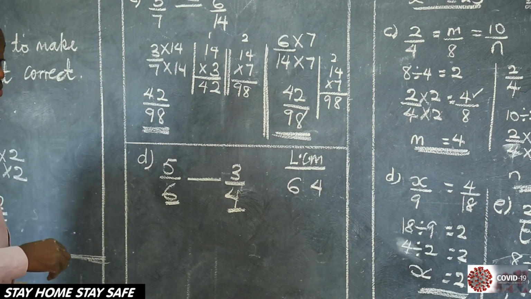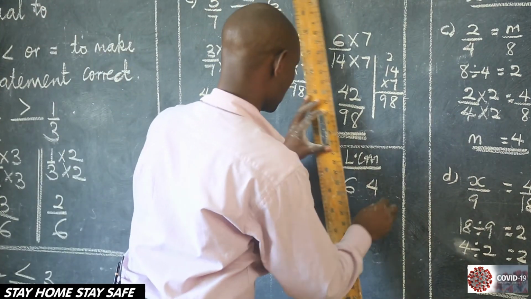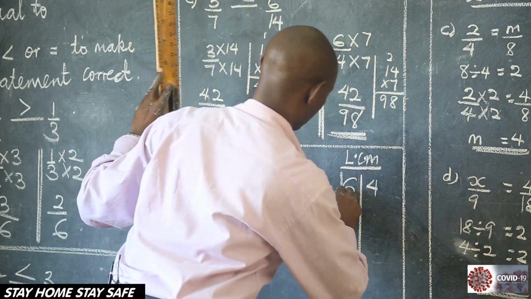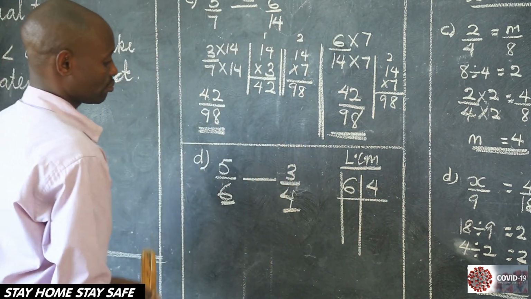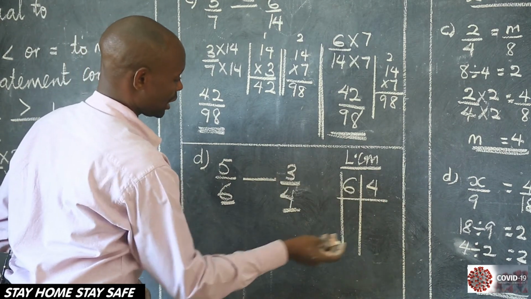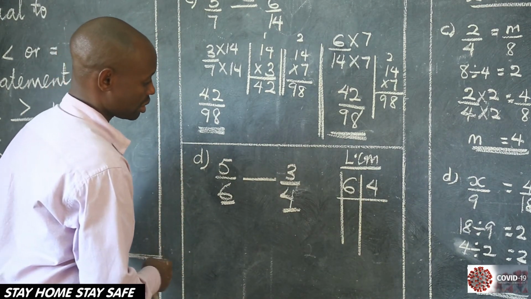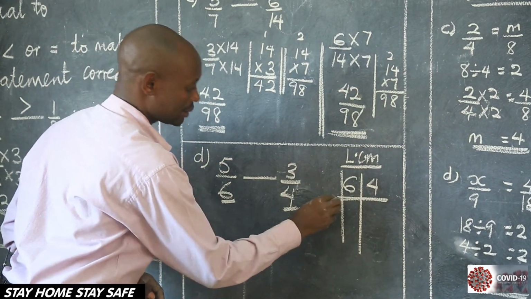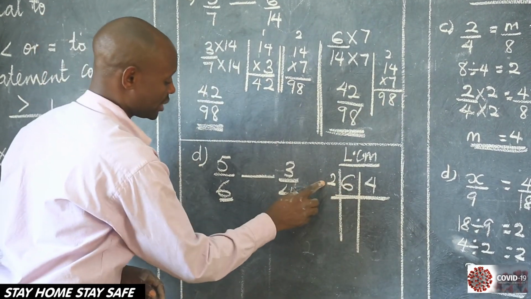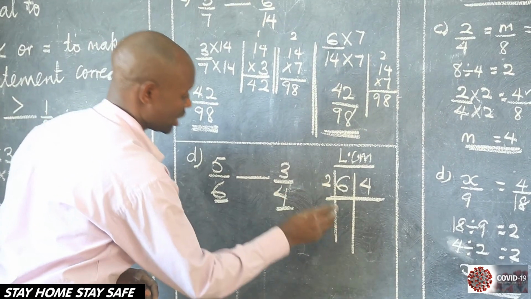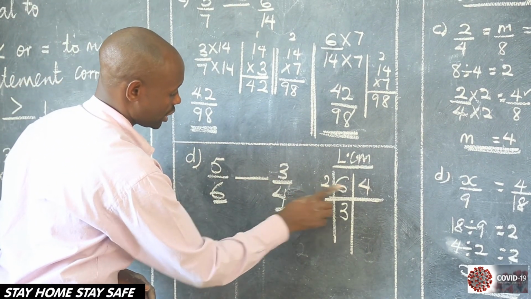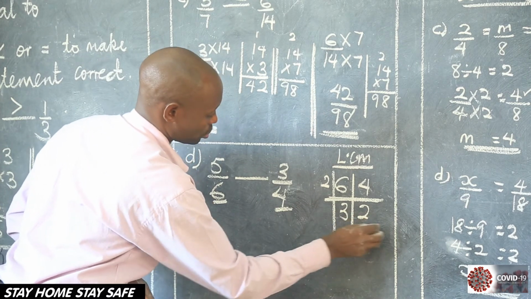We can also use the prime factorization method to find the LCM. So can we factorize? Which prime number do we begin with? 2. Can 2 divide any number here? Yes. So we shall divide by 2. 6 divided by 2 we get 3. 4 divided by 2 we get 2.